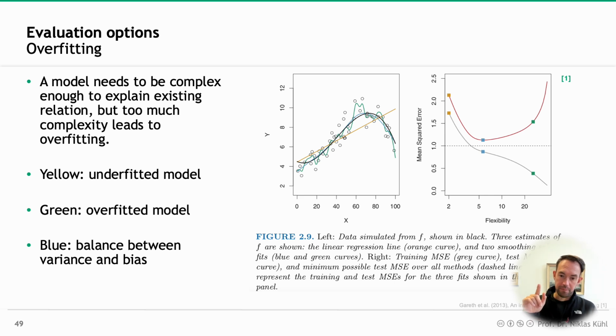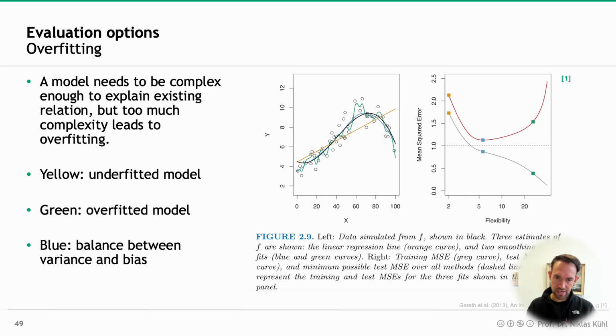So by comparing your performances in training versus testing, you can find out whether your model is either underfitting, right? So oversimplifying, or overfitting, which means learning the data by heart, right? So we have the different cases over here. You have the mean squared error for training and testing.